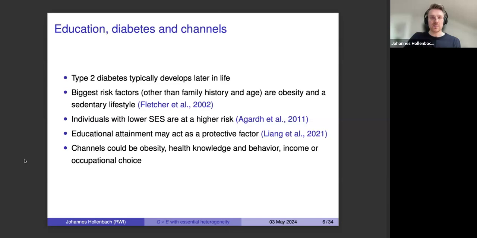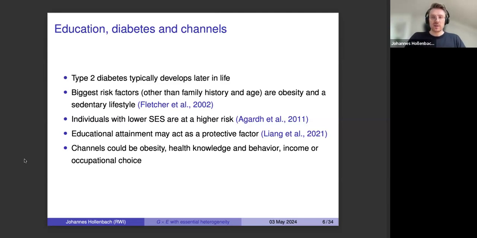Now, the channels through which this could happen could be through obesity, health knowledge and behavior, income, or occupational choice. Basically it means that when you're more educated, you're less likely to be obese. You're more likely to exhibit healthier behaviors or have more knowledge about healthy behaviors.